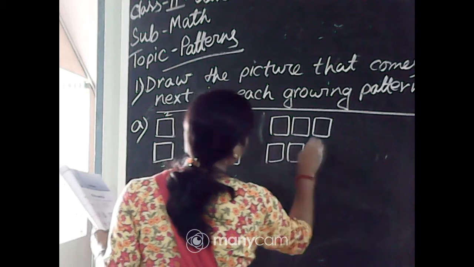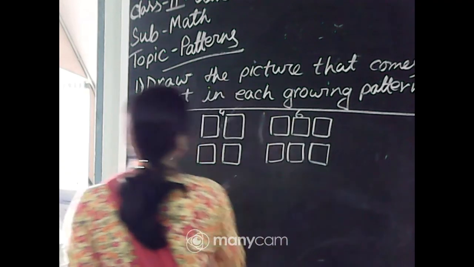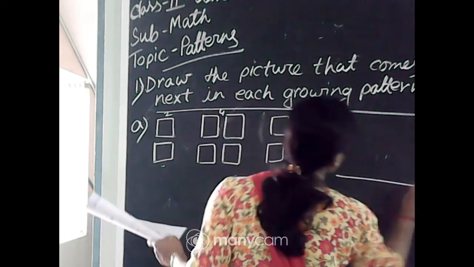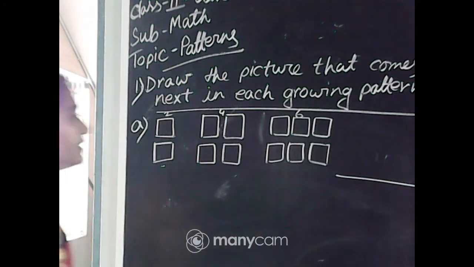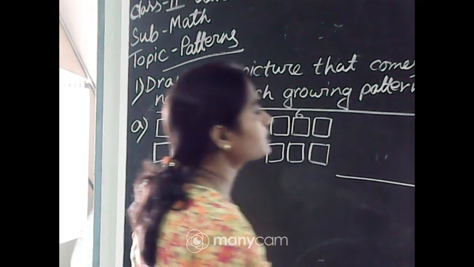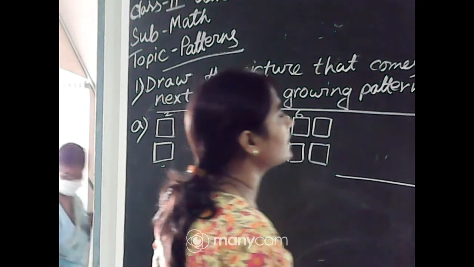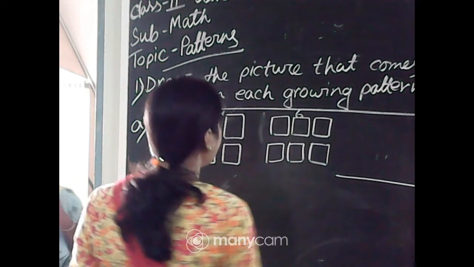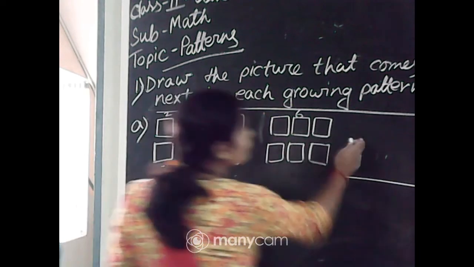It is the growing pattern. Here it is two, then four, then six. Then what will be the next? Deboshmita, you disconnect yourself and connect again. Okay. Two, four, six. Then what will be the next?